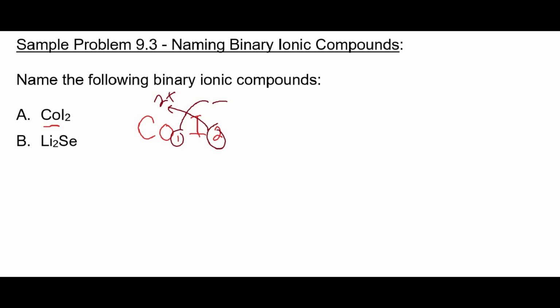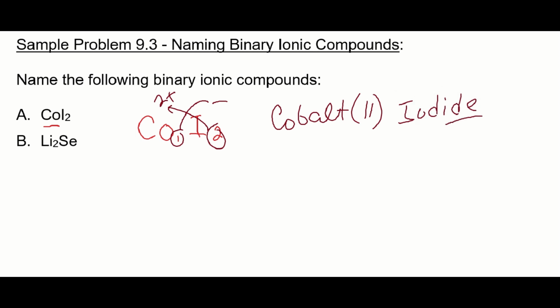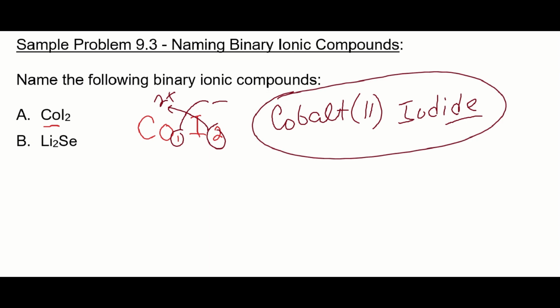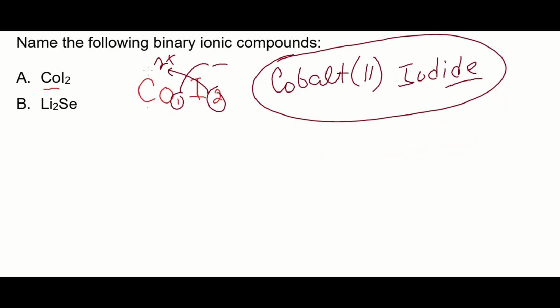So the name of this one is going to be cobalt, and you've got to put the Roman numerals in the name. So cobalt 2, and it's not iodine, it's iodide. So make sure you rename those elements. The second element in these binary compounds, if it's an element, drop the ending and put an IDE at the end of that. So the name of that is cobalt 2 iodide.